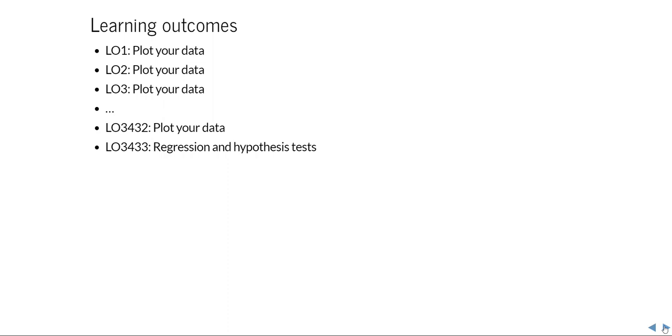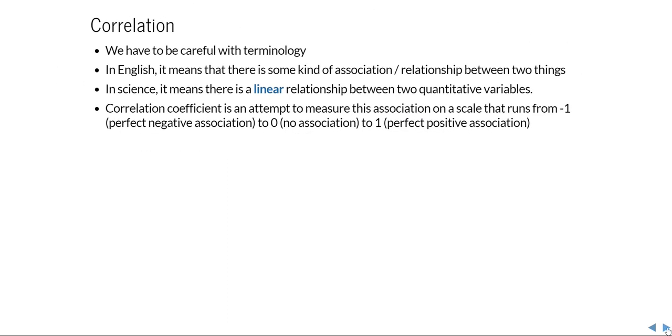We can compute correlation coefficients very easily, but it's so essential to plot your data, it can't be understated. And we will look a little bit at regression and hypothesis tests, but that's really the single biggest take-home point: plot your data. And first, there's a small caveat.